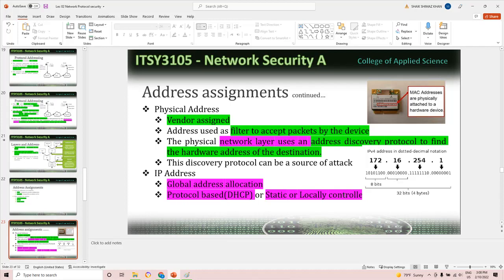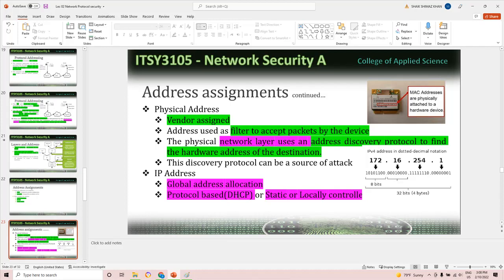Within a local area network, students, we can use a DHCP server to allocate the IP. In your Wi-Fi router, you are not giving any IP to your laptop. Clear? What you are doing is just connecting your system to the Wi-Fi. Automatically the Wi-Fi router gives the IP to your mobile phone, to your laptop, using a DHCP server.